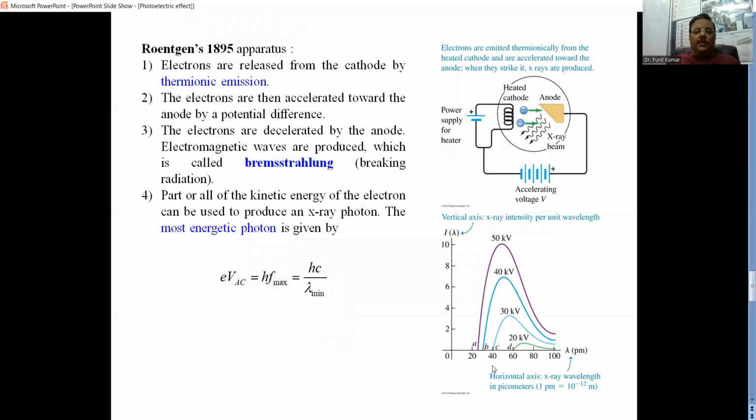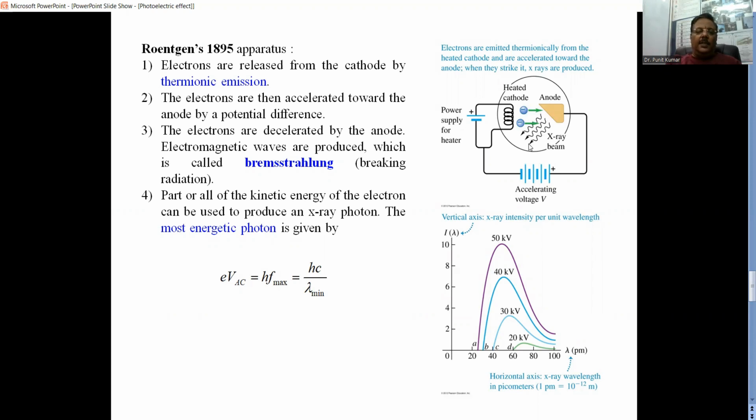So Röntgen in 1895 carried out his experiment with a tube that is called the Röntgen tube. It is a simple cathode ray tube. Here is the cathode. Electrons are emitted and there is a metal target, generally tungsten. When the electrons strike this target, photons are emitted.